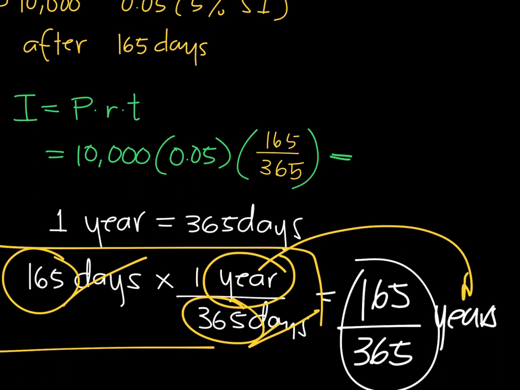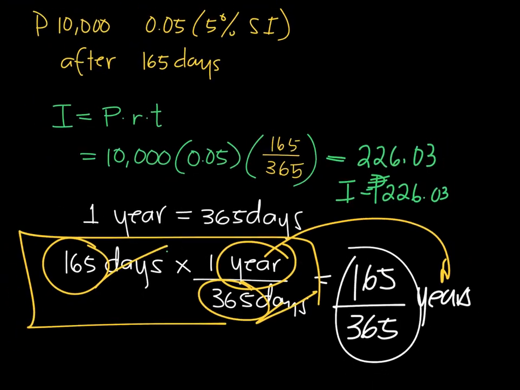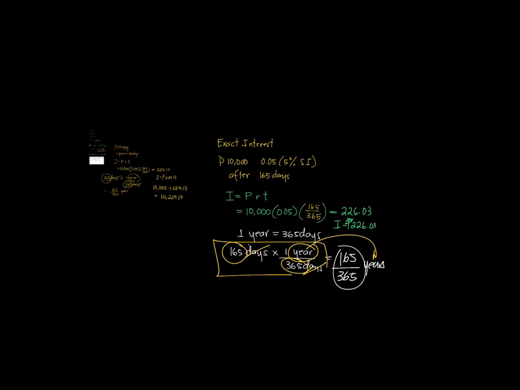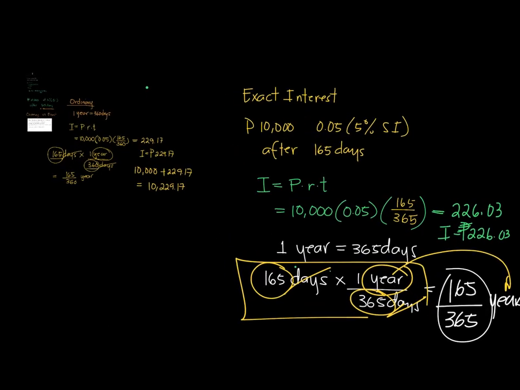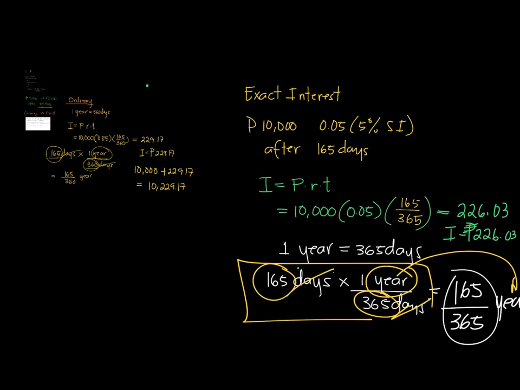So we will get 226.0273. We can make that 226.03. So the interest here is 226.03 pesos. Okay? So that's the only difference when we compute for simple interest.